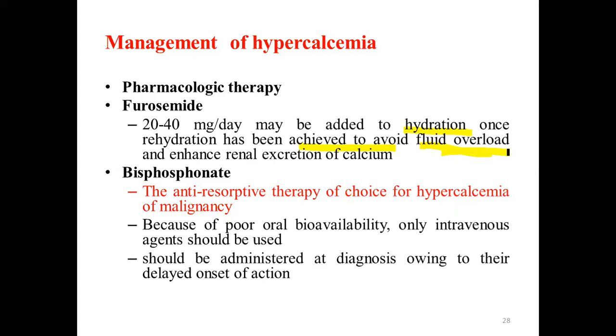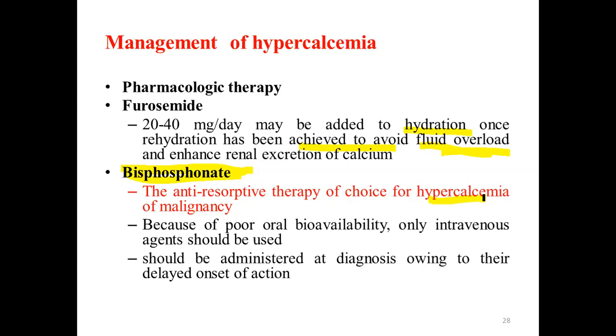I don't know whether we have mentioned bisphosphonates before. Bisphosphonates are very important in the management of osteoporosis, especially when someone has bone resorption. They are the anti-resorptive therapy of choice for hypercalcemia of malignancy. If a patient has hypercalcemia due to malignancy, this is the drug of choice.